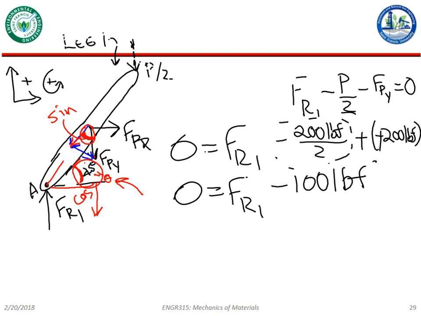So is it negative 100 plus 200, negative 100, or positive 200? Oh, sorry. You're correct. Sorry, I guess I can't do math at 8:30. Well, in that case, FR1 is negative 100, and my interpretation of Newton's laws is wrong.